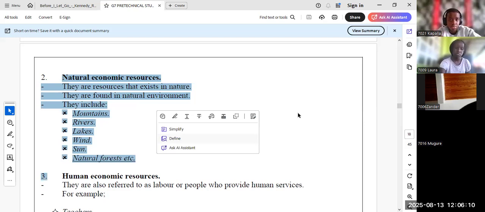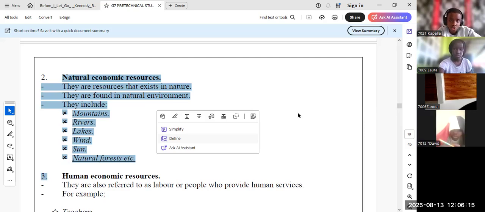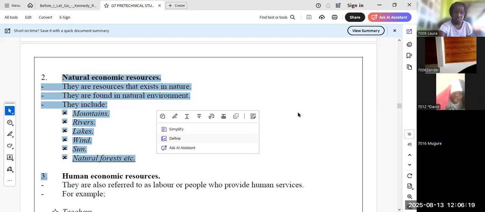Lake Victoria. Nadine, Fadila, give me an example of a natural forest in Kenya. Mau Forest. Karura Forest. Kakamega Forest.